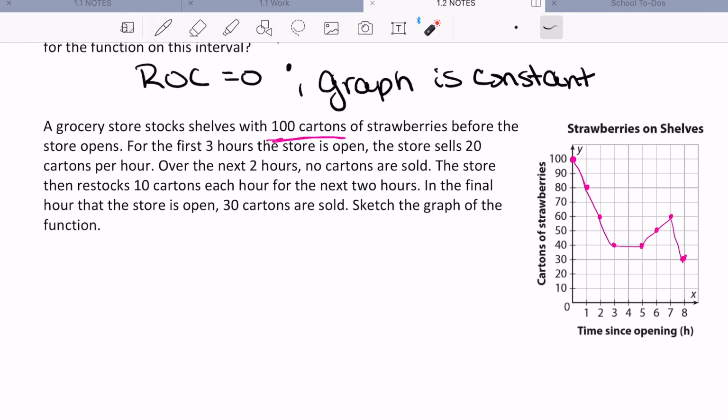The store then restocks 10 cartons each hour for the next 2 hours. So plus 10 for 1 hour, plus 10 for the second hour. And in the final hour, 30 cartons are sold. We subtract those 30 cartons in the last hour, and you can see that at 8 hours we have a total of 30 cartons left over.